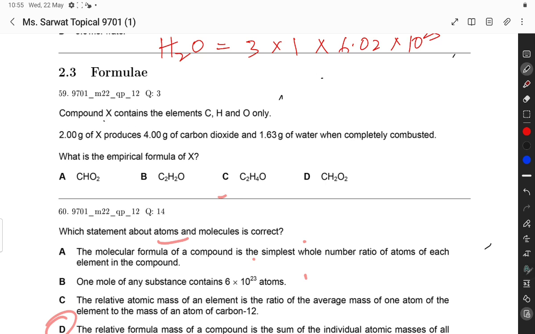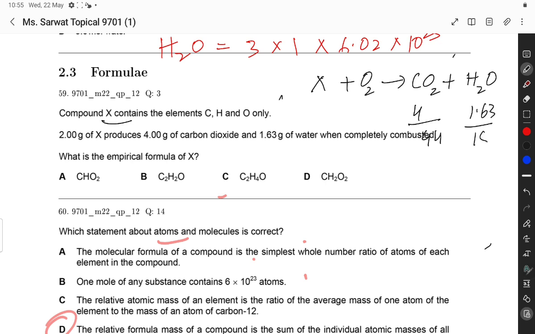For example, compound X plus O2 to form CO2 plus water. So 4 gram of carbon dioxide divided by 44 and 1.63 divided by 18.